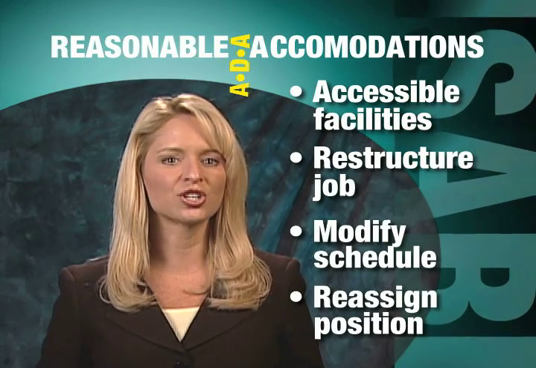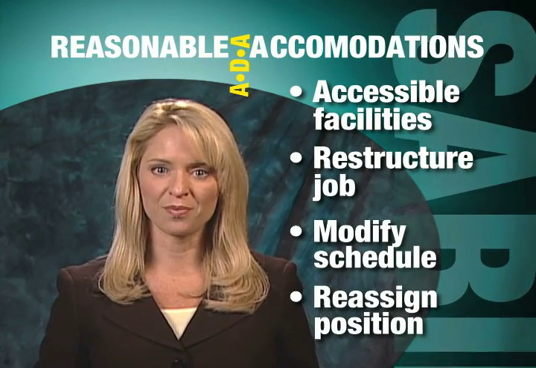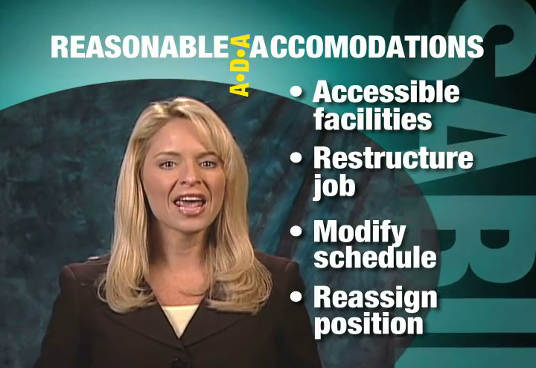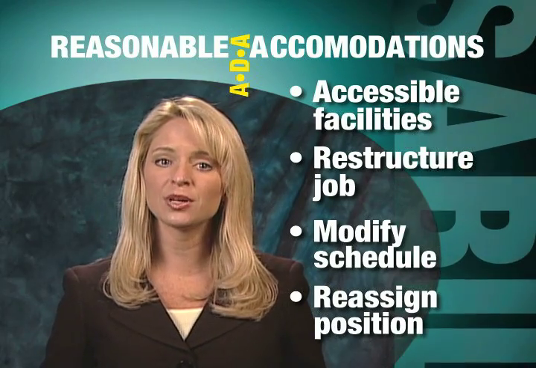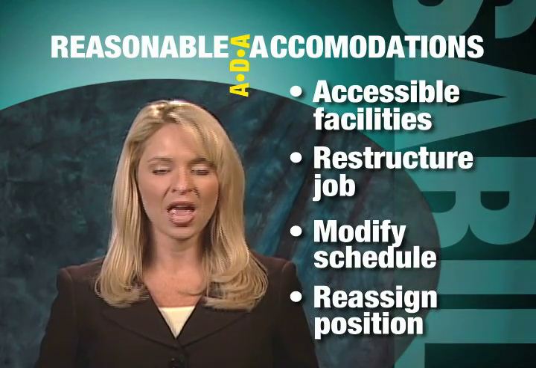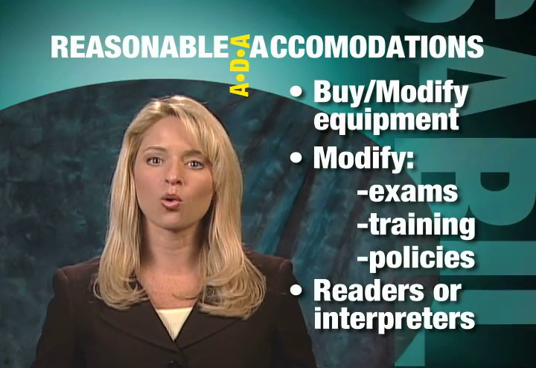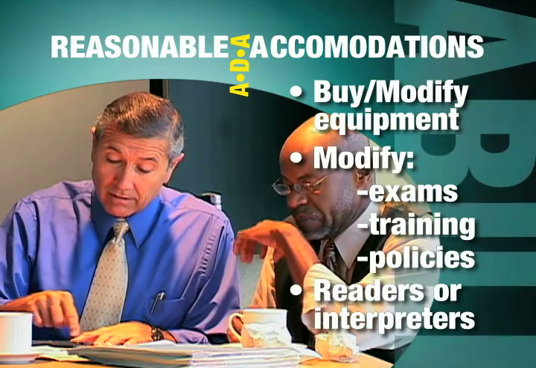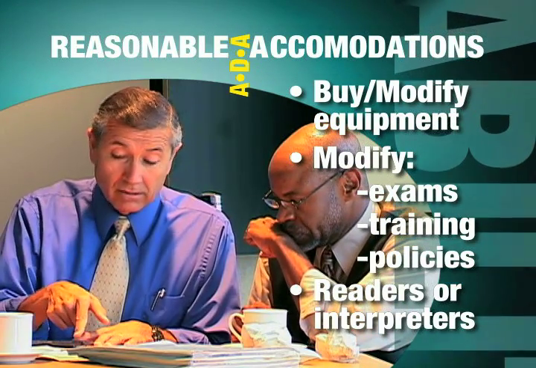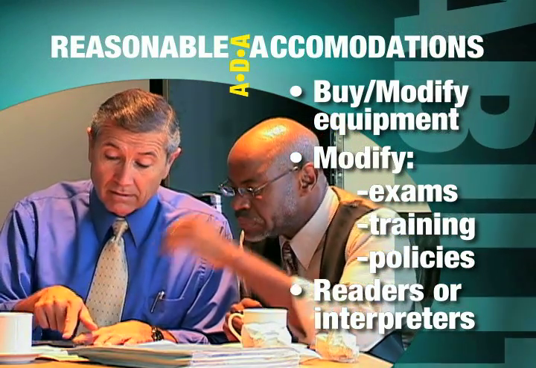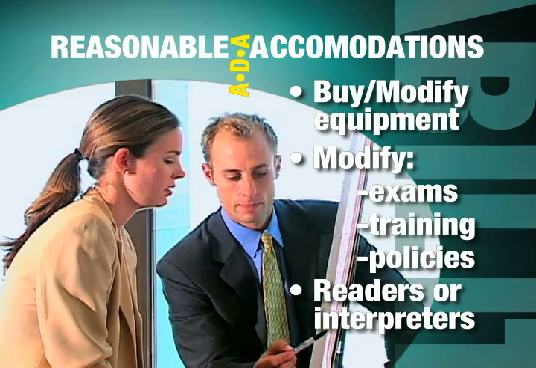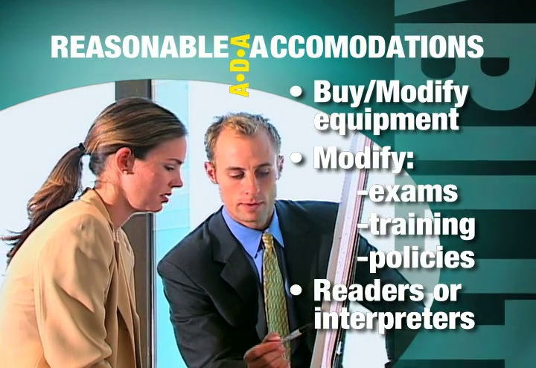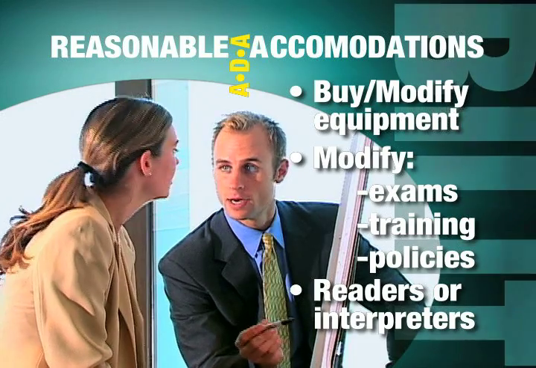An accommodation could also include restructuring a job, modifying work schedules, and reassigning an employee with a disability to a vacant position. It may also require you to buy or modify equipment for the person to perform the job. You may need to modify exams, training materials, or policies to meet a qualified individual's needs. You may also need to provide readers or interpreters as a form of reasonable accommodation.